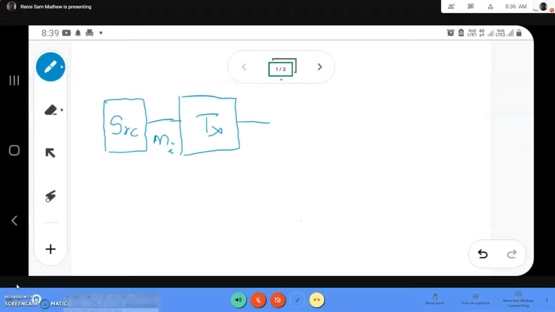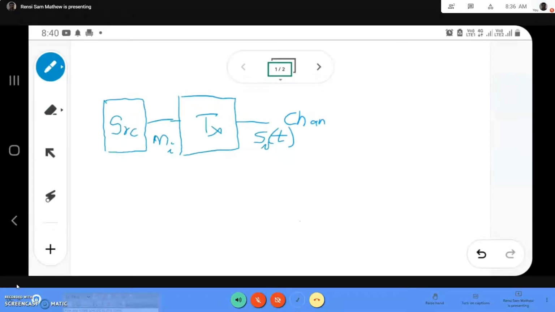The output of the transmitter is suitably encoded into some waveform, Si of t. Then it passes through the channel and is received by the receiver. Whatever we receive, we call x of t, and this is decoded and you get the information back.